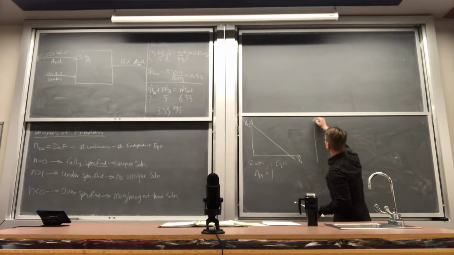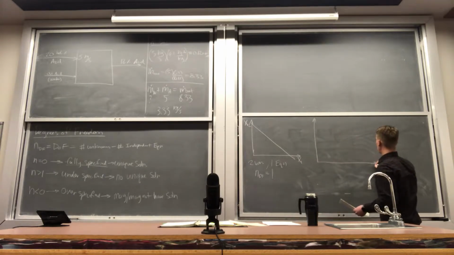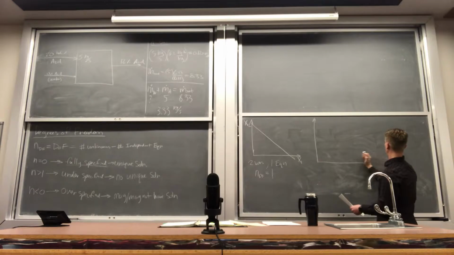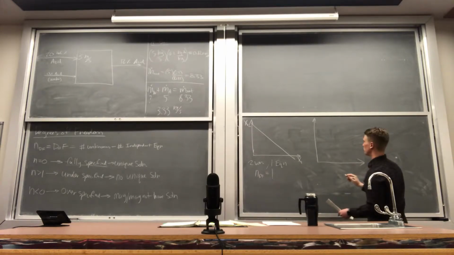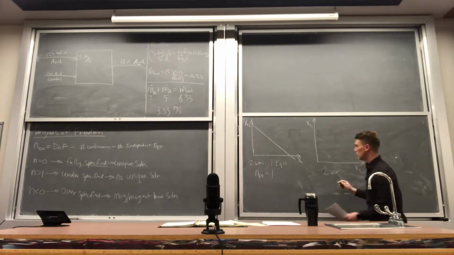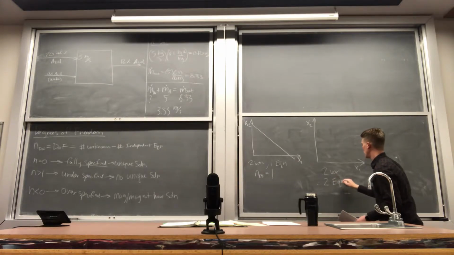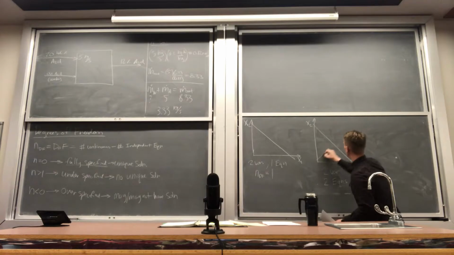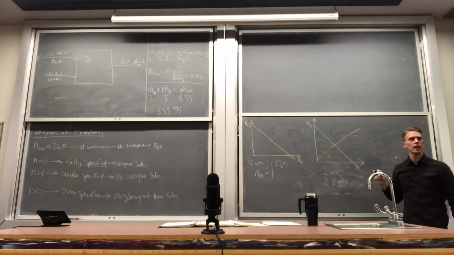Likewise, if we go to a system that is fully specified, see if I can squeeze 3 graphs on this table. If we have two variables, again, x1 and x2, and we have two equations, then we can have a scenario where we have two intersecting lines.